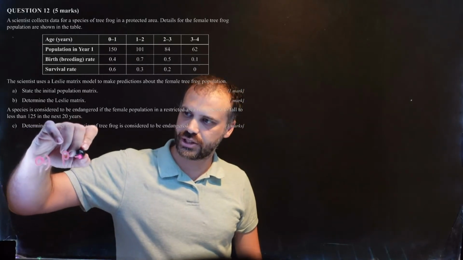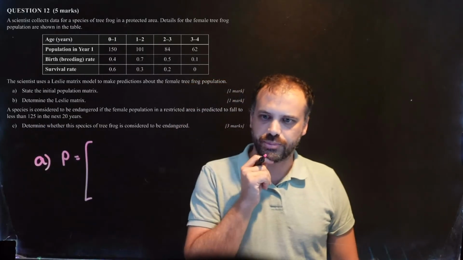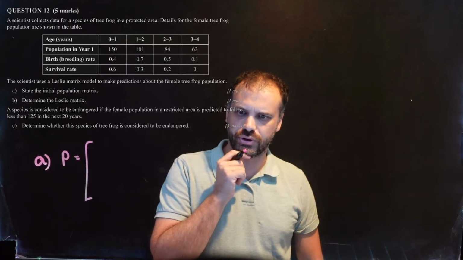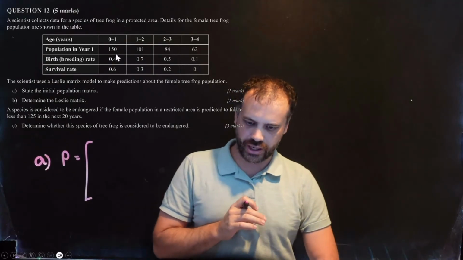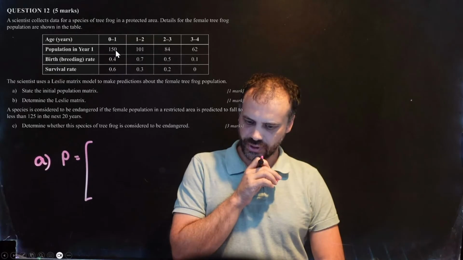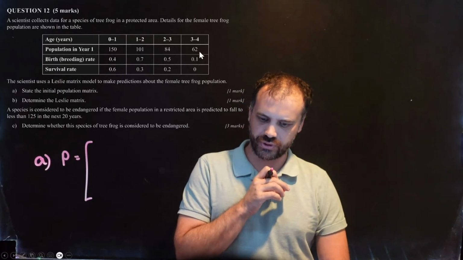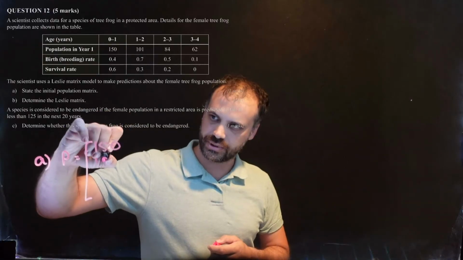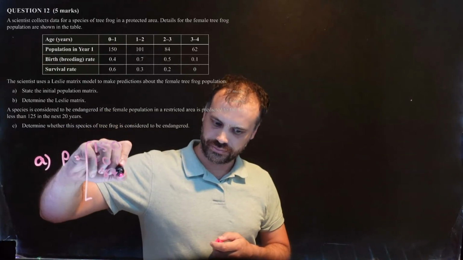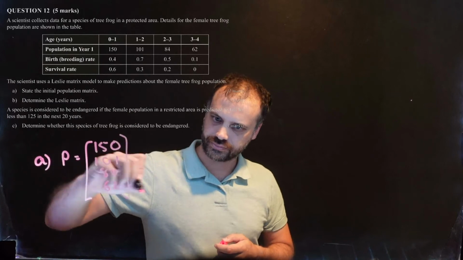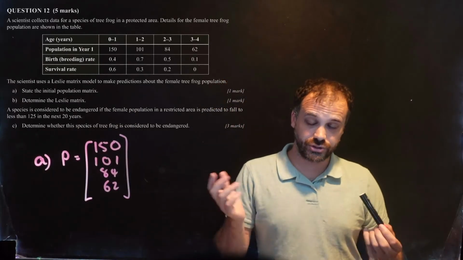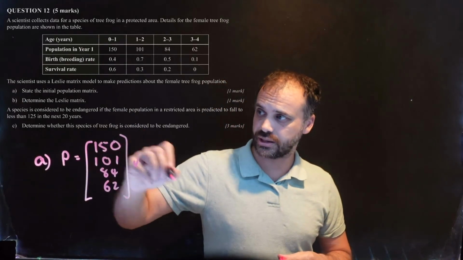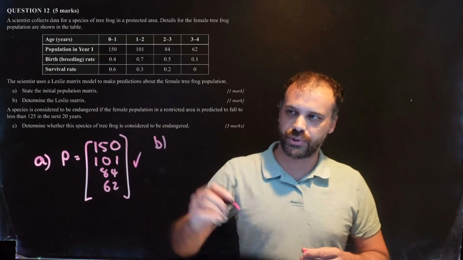So population at time 0, or population in year 1 is how they're stating it: 150, 101, 84, and 62. It's as simple as just writing in these numbers. There is our initial population matrix. There's a mark.